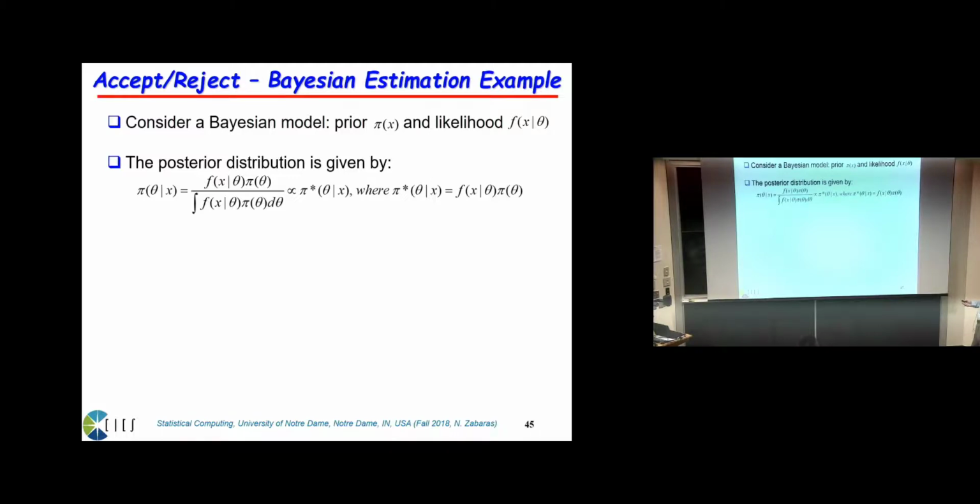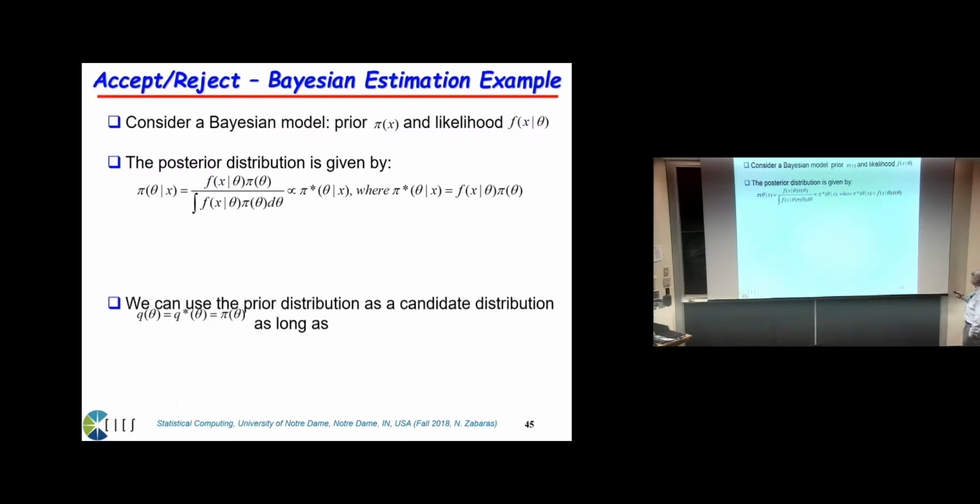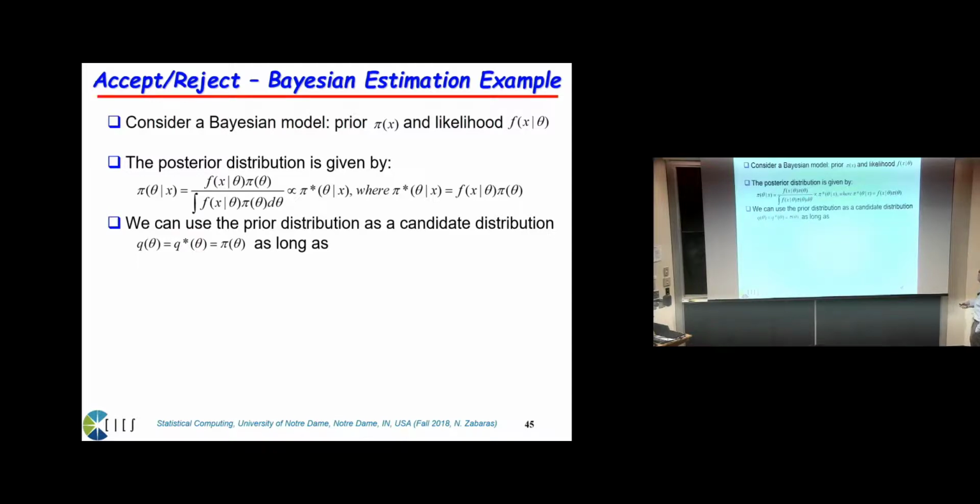Let me tell you something on how this accept-reject will work for Bayesian problems. So let's say you're really interested to explore and take samples from the posterior. So the posterior is the prior pi of theta times the likelihood. So the unnormalized posterior is this, likelihood times the prior. The obvious thing to do is to take as proposal distribution the prior, okay?